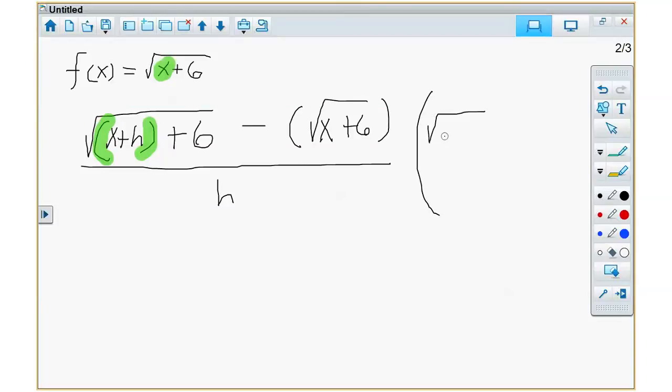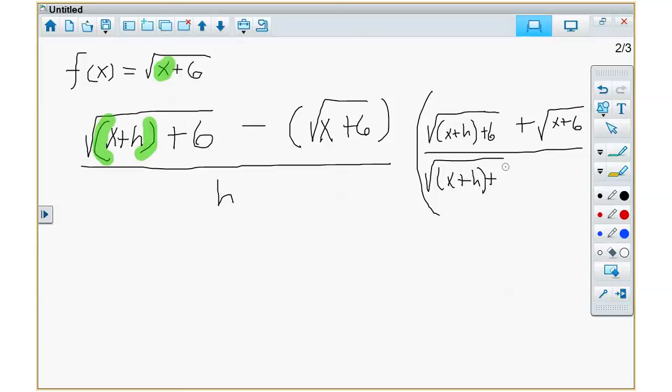Square root of x plus h plus 6 plus square root of x plus 6 over square root of x plus h plus 6 plus square root of x plus 6.